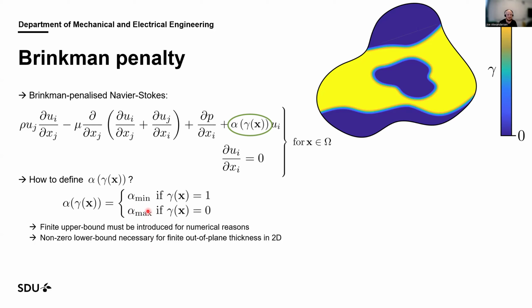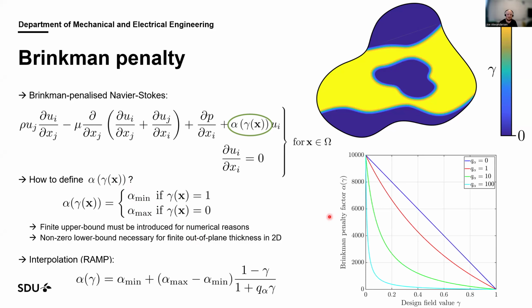What does that mean? Maarten will also talk a little bit about that. And then the bottom, if we're doing 2D simulations where we have a finite out-of-plane thickness with no-slip walls on those surfaces, then we have to have a lower bound to account for the out-of-plane viscous resistance.